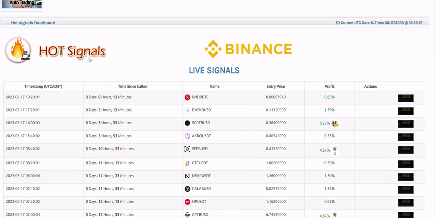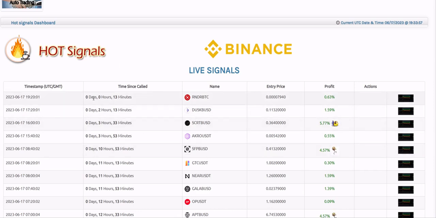So these are called calls that are made by an algorithm. So when the algorithm sees that this condition, we'll call it condition A, this other condition, condition B, and say condition C are all met, then it will make the call, and then the price goes up.